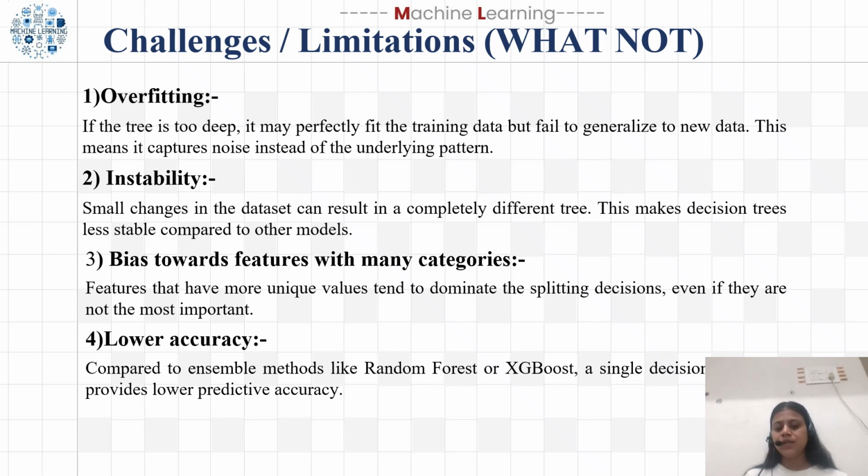Third is bias toward features with many categories. Features with more unique values often dominate the splits even if they are not important. Fourth is lower accuracy. Compared to ensemble methods like random forest and XGBoost, a single decision tree usually provides lower accuracy. So these are the challenges or limitations we will face.